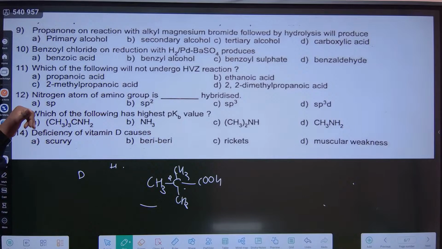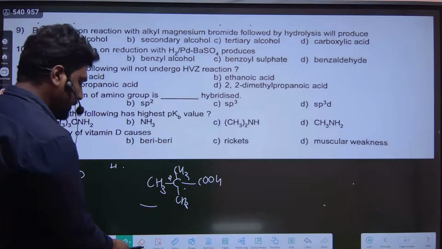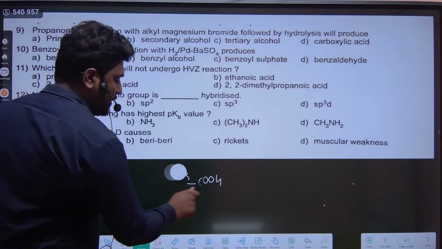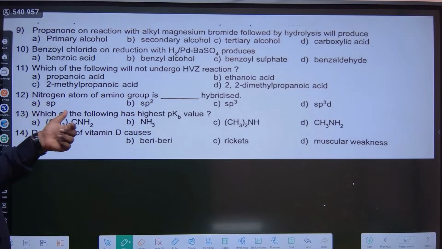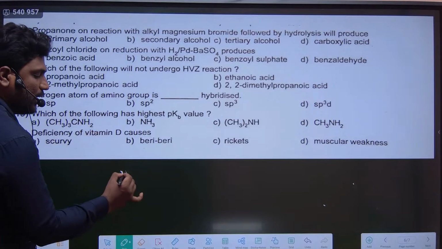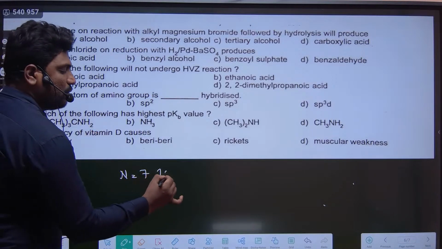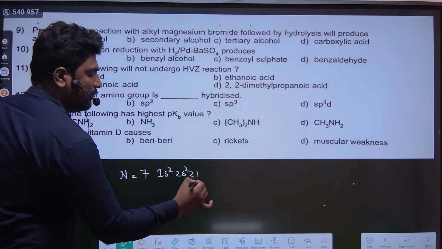Next, question number 12. That is coming from the amines unit. It is a very easy, direct question. The nitrogen atom of the amine group is sp3 hybridized. Look here: nitrogen, atomic number 7, 1s2, 2s2, 2p3.